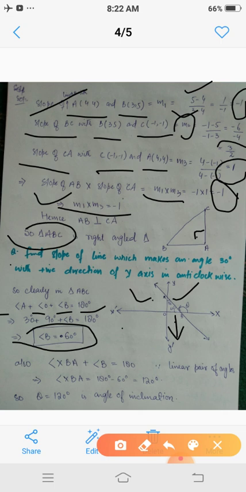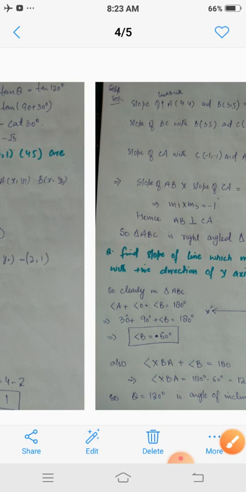Let theta be the angle of inclination, which implies that angle XBA plus angle B, which is 60, is 180 degrees, because it is a linear pair of angles. Hence angle XBA is 180 minus 60, that is 120 degrees. Hence this angle theta, which is 120 degrees and equals angle XBA, is the angle of inclination which it makes with the positive direction of the x-axis.